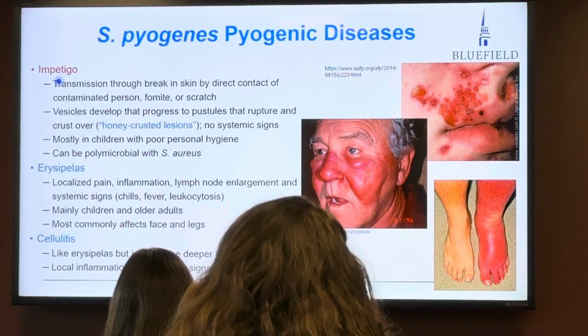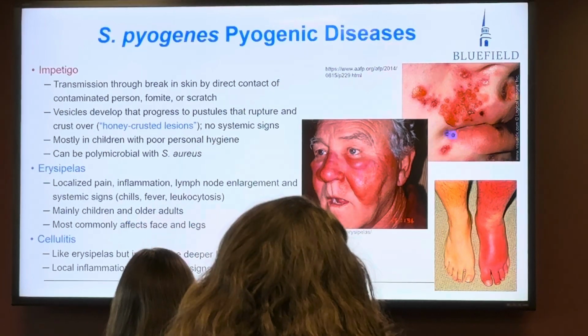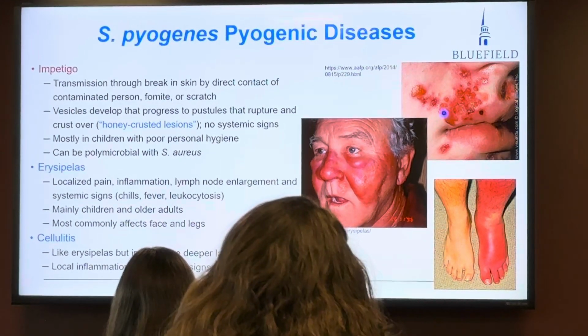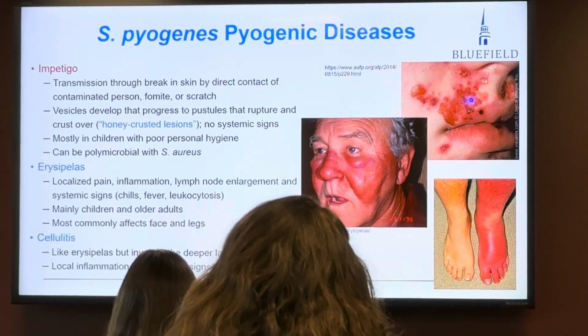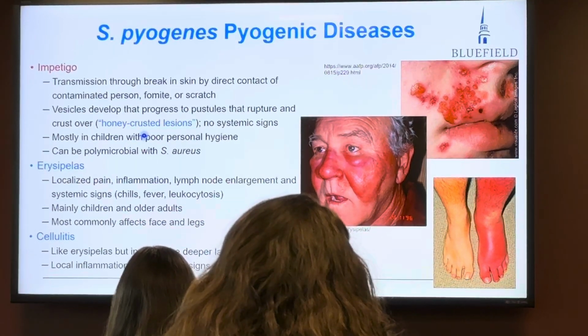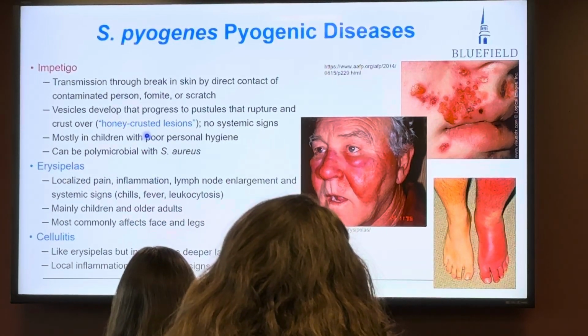But again, you see these pustular lesions. It'll be a little blister that then erupts, and when it becomes scabby, you can see kind of that honey crust. That's just the serous fluid leaking out of that damaged skin and now crusting over as it dries out, causing those honey crusted lesions. That is a buzzword.